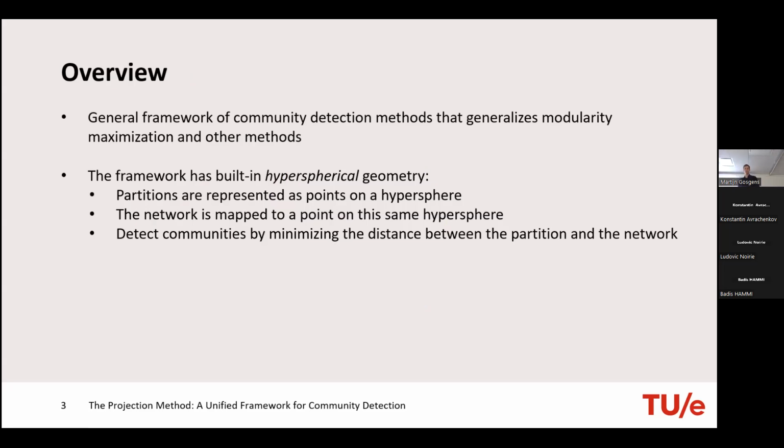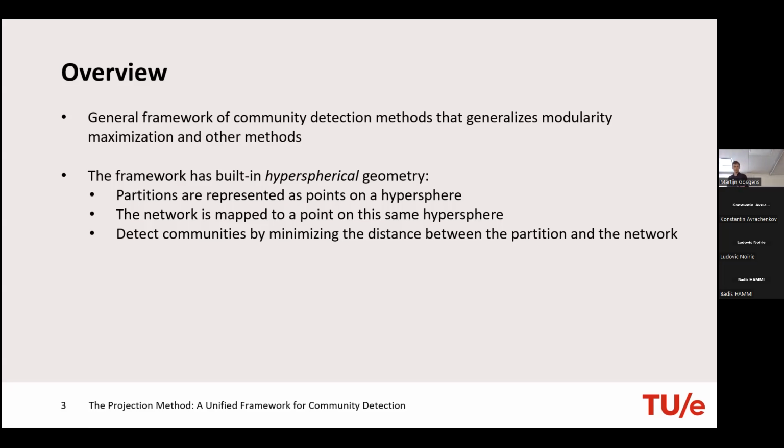So an overview of what we're going to discuss today. I'm going to introduce a very general framework of community detection that generalizes several popular community detection methods, among which modularity maximization and Markov stability and some likelihood methods. This framework has some built-in hyperspherical geometry.